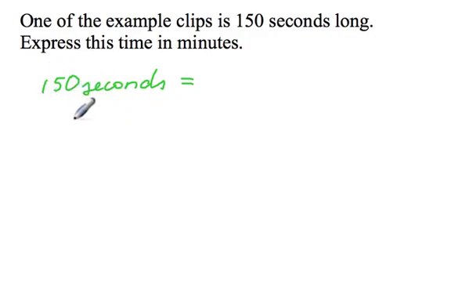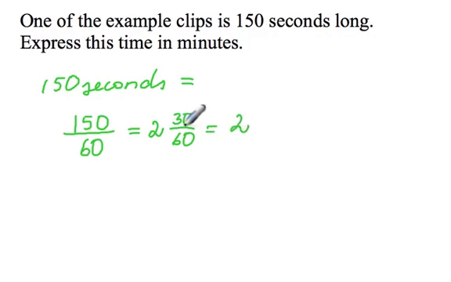Or in other words, I have a fraction here. I have 150 seconds out of 60 seconds. So how many times does 60 fit into 150 fully? And that's twice. And 2 times 60 is 120. So what is left over? We have 30 seconds left over.